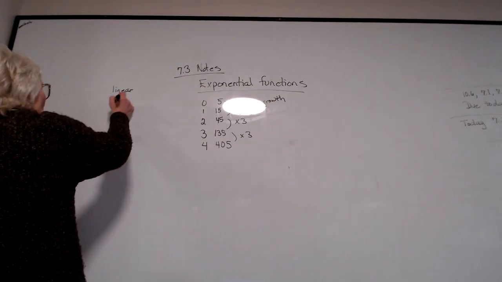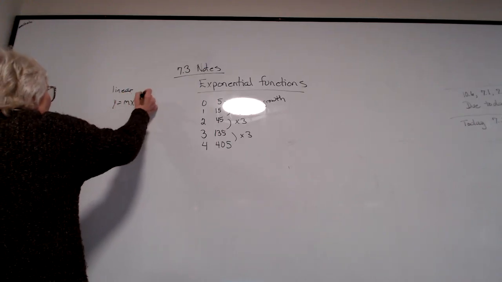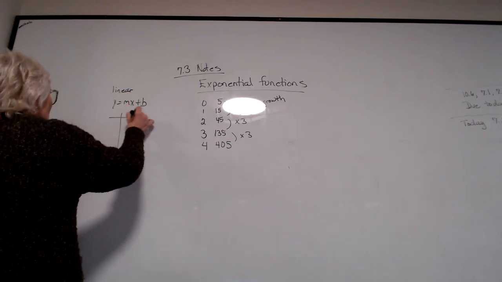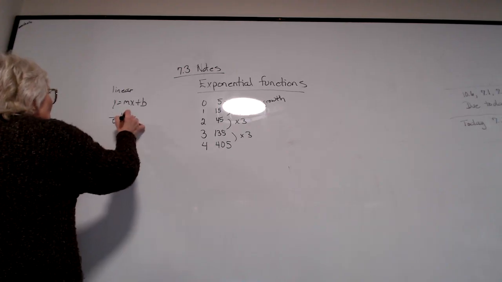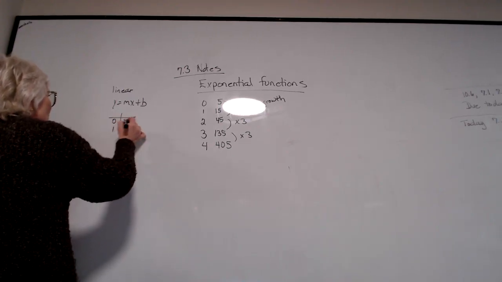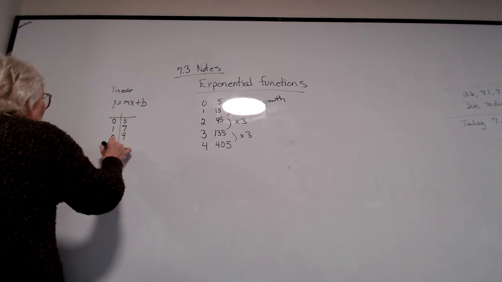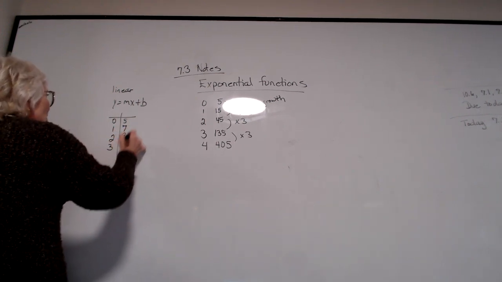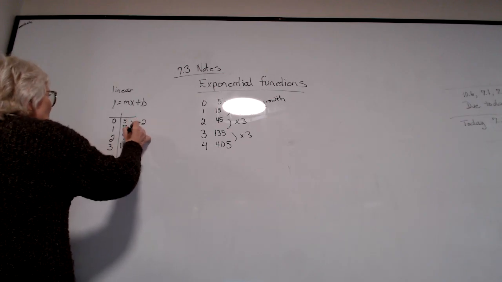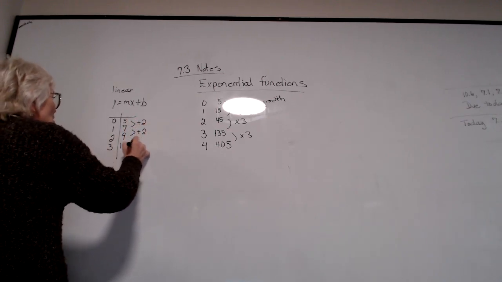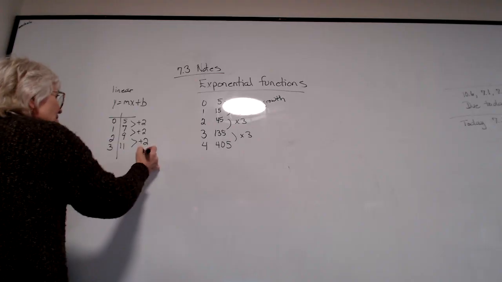Comparing this to a linear function, a linear function is y equals mx plus b. So what it looks like is if I have 0, 5; 1, 7; 2, 9; 3, 11. We are adding 2, and notice it's a nice constant rate.